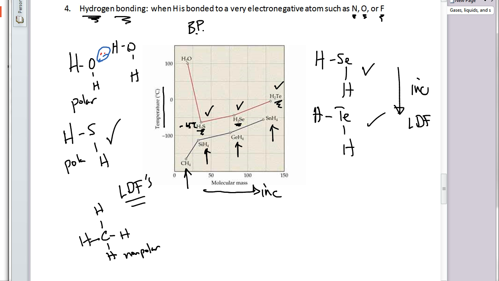So methane is going to be the lowest because it has the lowest molar mass, whereas SiH4 has a greater molar mass than CH4. As we go up from here to here, you notice that the boiling point gets higher and higher, basically because the London dispersion forces are increasing with molar mass, and that's really what's going on there. That is our talk for 11.1 and 11.2.